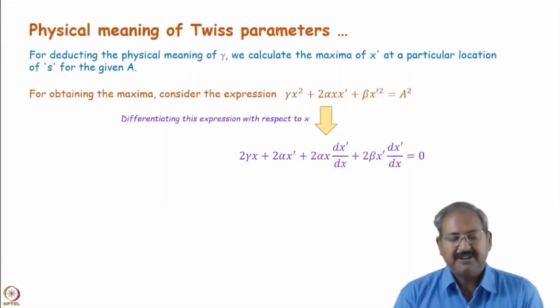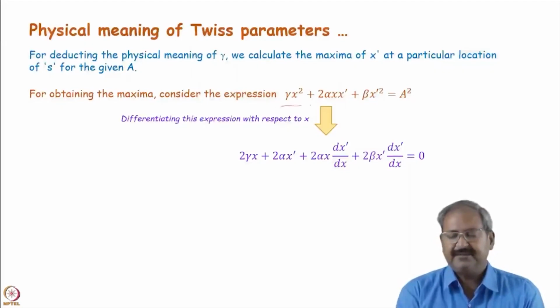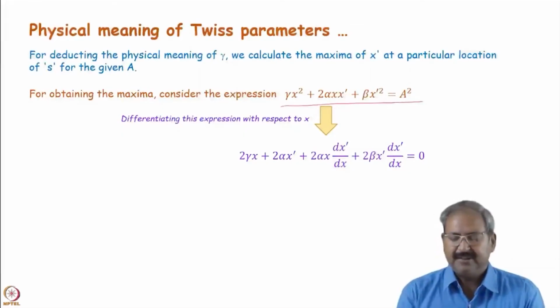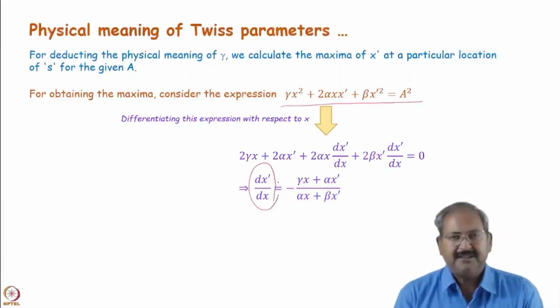Now for obtaining the physical meaning of gamma, we again write down the expression of the constant or invariant of the motion, and we differentiate this equation with respect to x. And when we do this, we get dx prime by dx. If we make it 0, that will give you the maximum of x prime. What is that maximum of x prime? We see it.